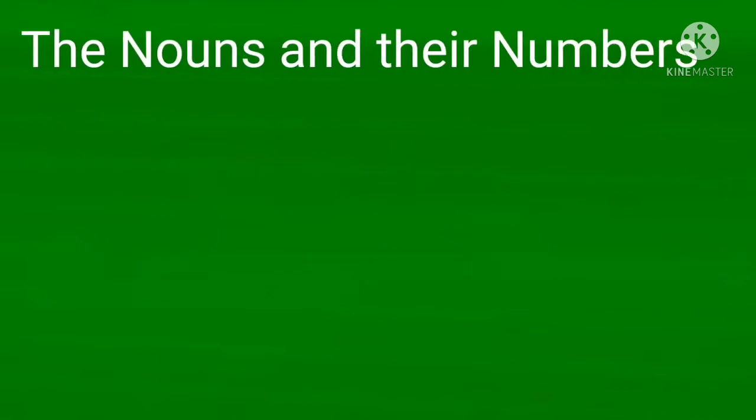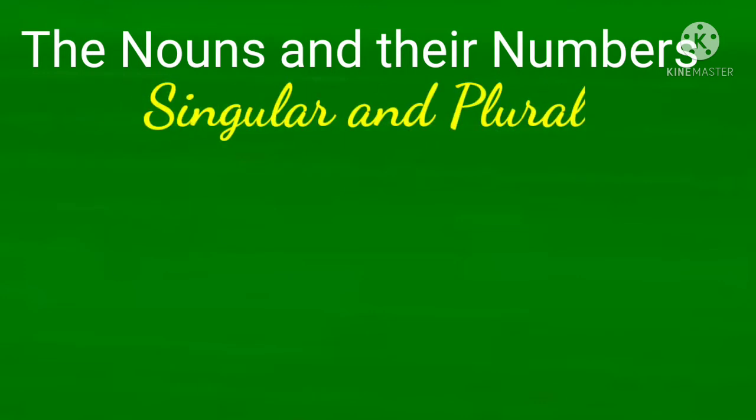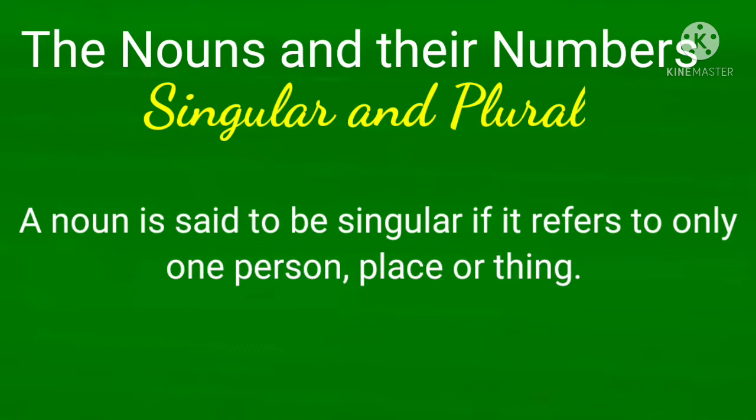Friends, today we shall study nouns and their numbers, namely singular and plural. A noun is said to be singular if it refers to only one person, place, or thing.